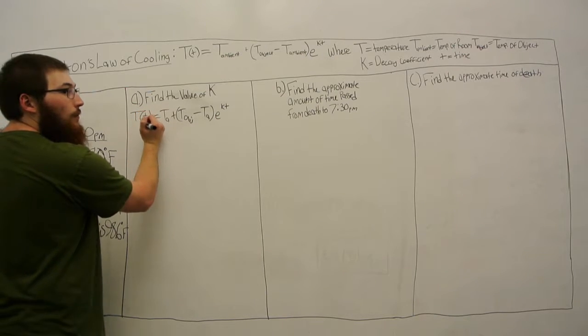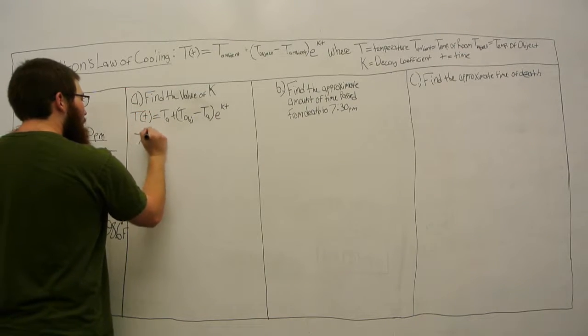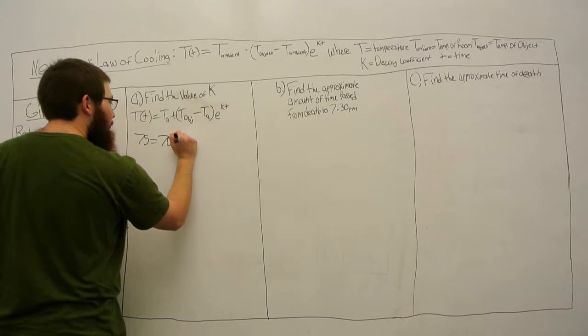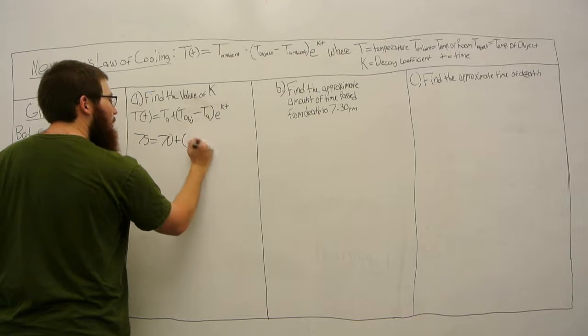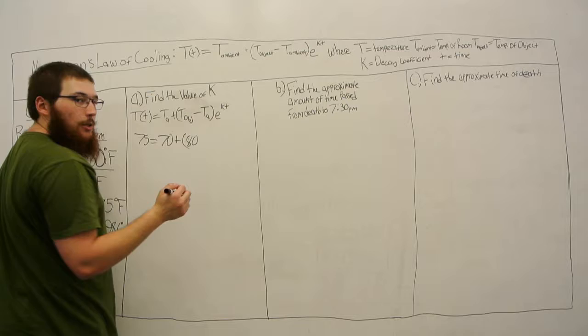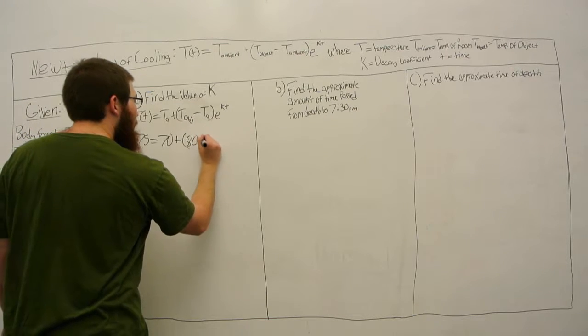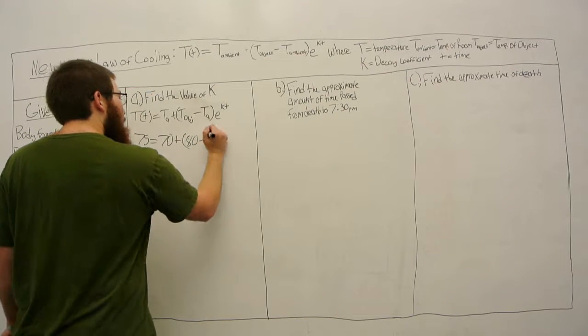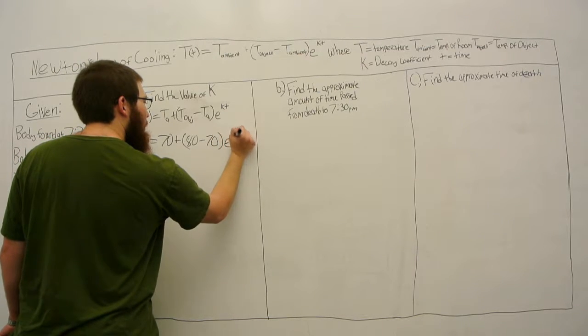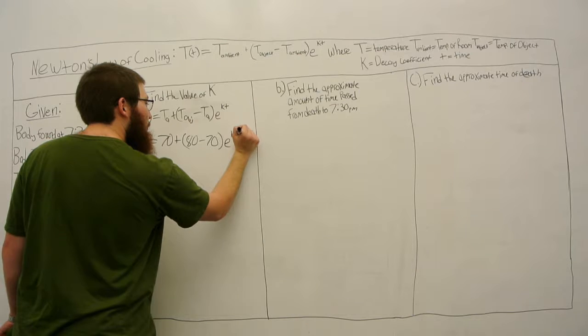This right here, the final temperature, is 75 degrees. So the ambient temperature is 70, plus, we're using 80, since that's his temperature at 7:30, minus the ambient temperature again, E, K, times 0.5.